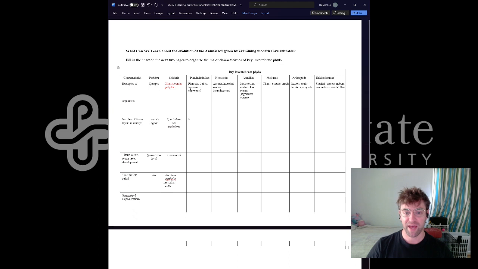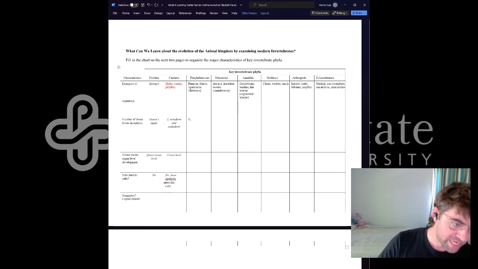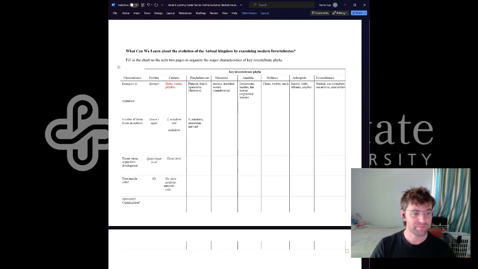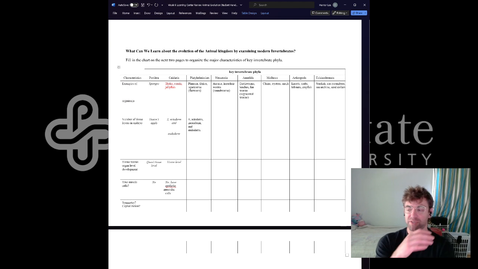Platyhelminthes, we have 3 tissue layers: ectoderm, mesoderm, so ecto outside, meso middle, and endoderm. The mesoderm allows for the evolution of what will become circulatory systems and muscle tissues.